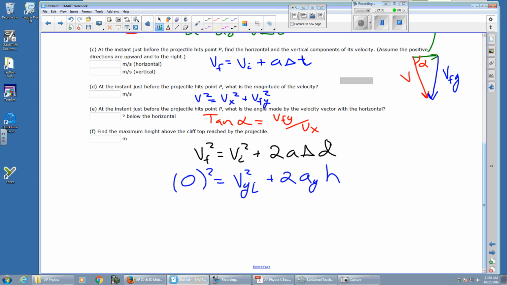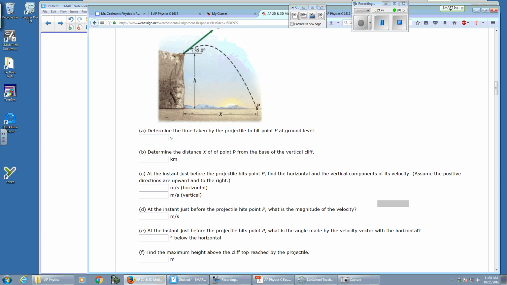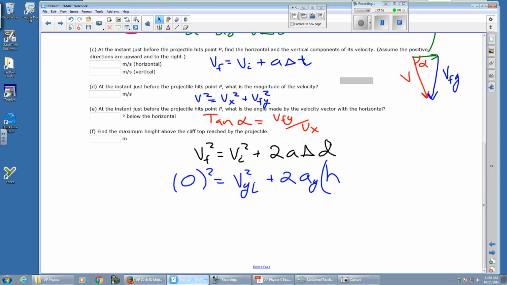Sorry, times h. I need to see my diagram again. They want to know the height above the cliff top. So let's call it, what do we want to call that height?